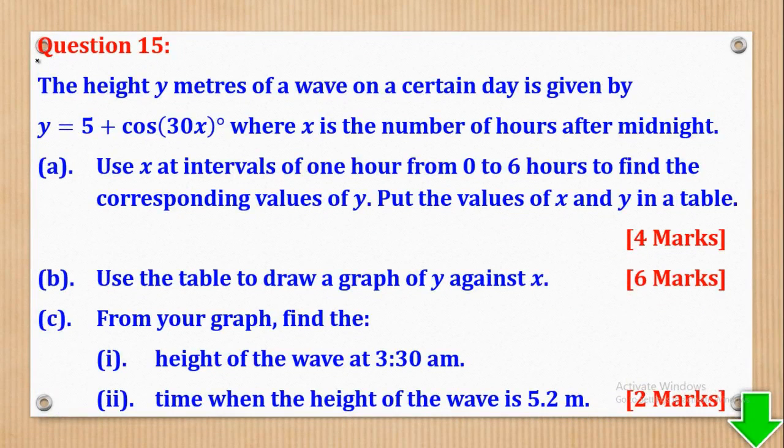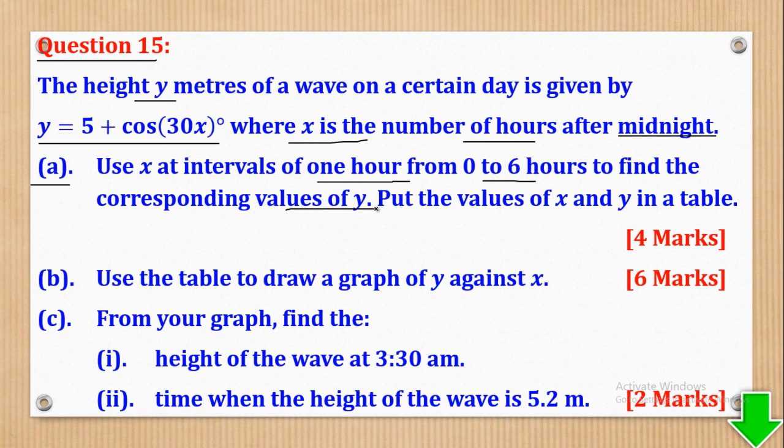So now we shall go to question 15, and question 15 says the height y meters of a wave on a certain day is given by y equal to 5 plus cos 30x degrees, where x is the number of hours after midnight. Part A, use x at intervals of 1 hour from 0 to 6 hours to find the corresponding values of y.